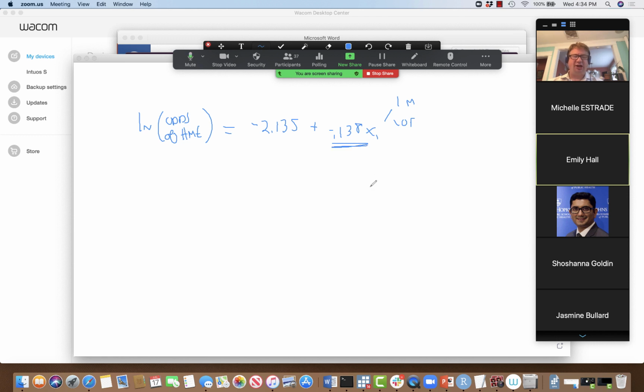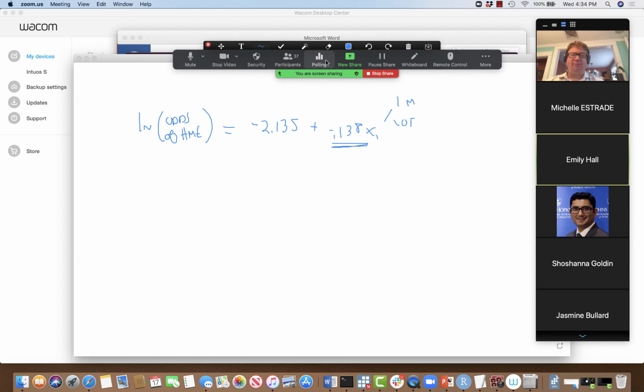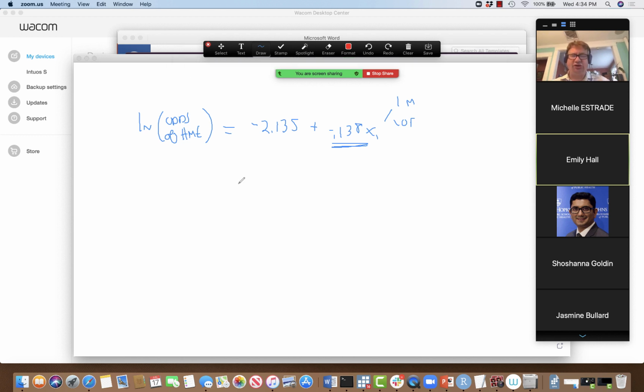How can I interpret this? Well, most of you won't have to go through this level of detail, but it's probably helpful just to remind us once. Let's look at how many different values of log odds, how many unique values are being estimated by this equation? Well, there's only two values of x, right?